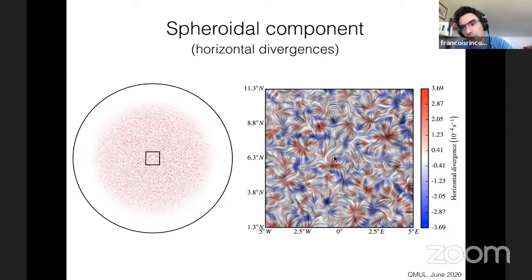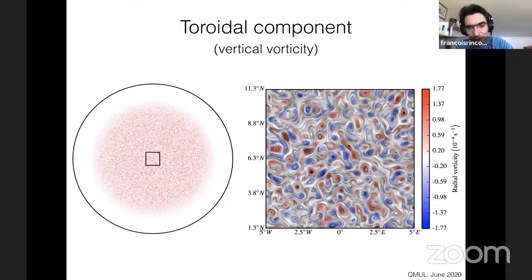For those of you familiar with the CMB, this is a bit like the decomposition into E and B modes for the polarization of the CMB. We can do the same for the vector of the velocity field. So this is more like the electric field representation for the part of the velocity field that is divergent, and then the other one is like the B modes for the CMB.